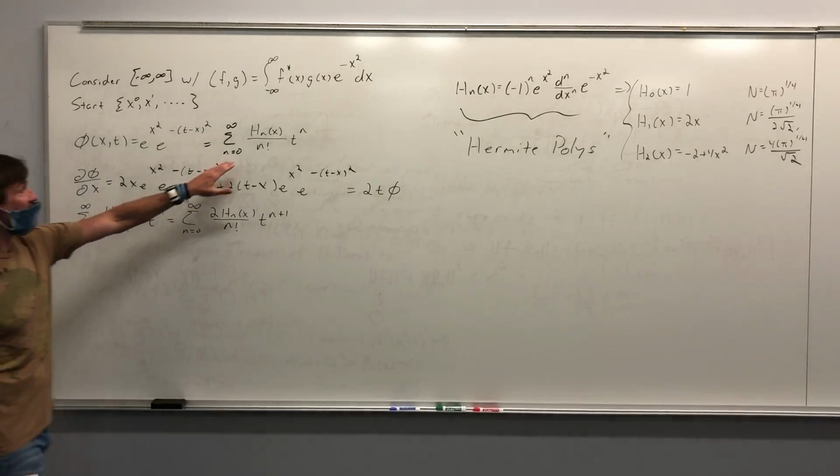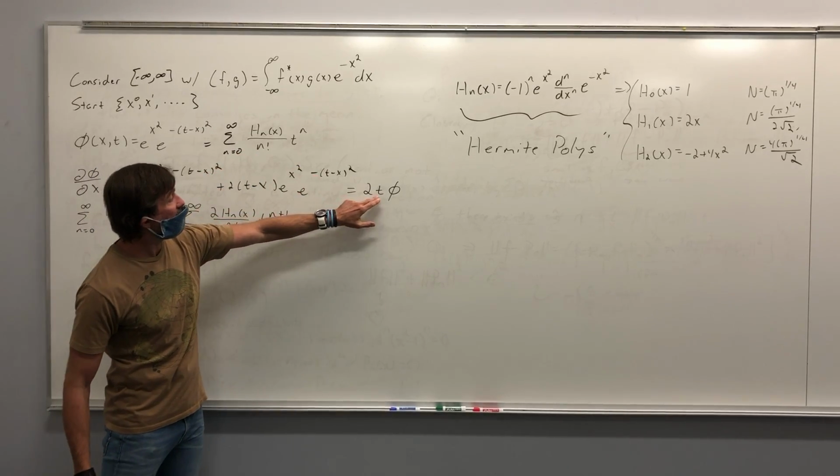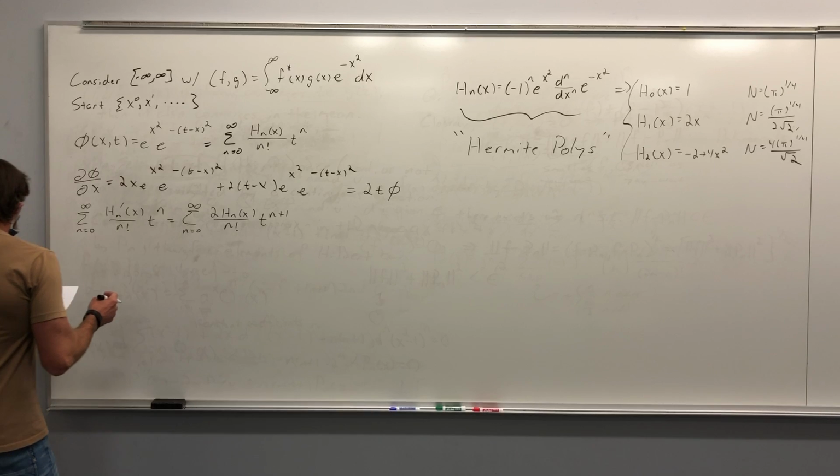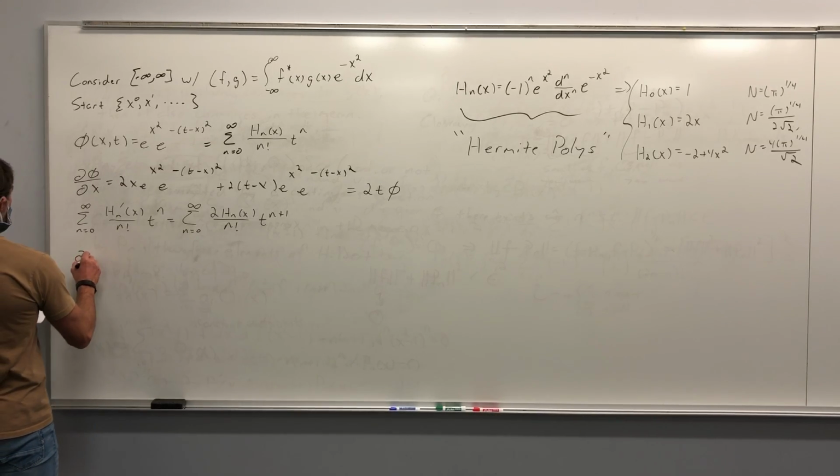All I did was take this and multiply it by 2t, which raised the power of t. Am I on board? Okay? All right. Now, let's take d phi dt.